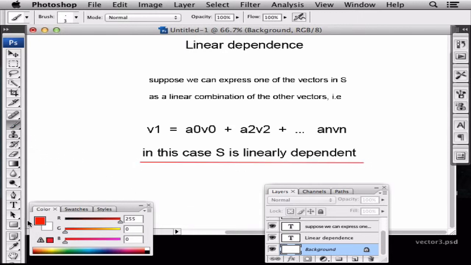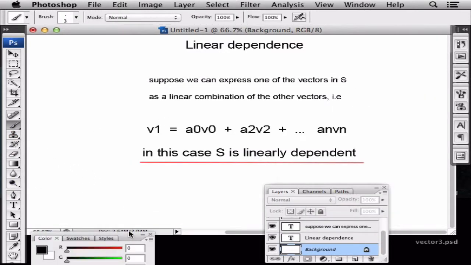I'm going to try to illustrate with these drawings what I just said. For instance, if we have a very small set of two vectors and do a linear combination of those, we will span the entire plane.